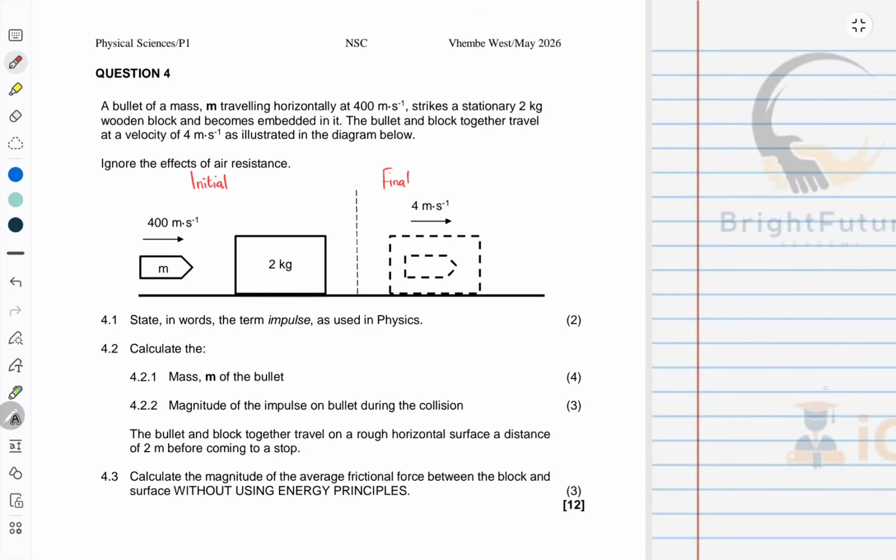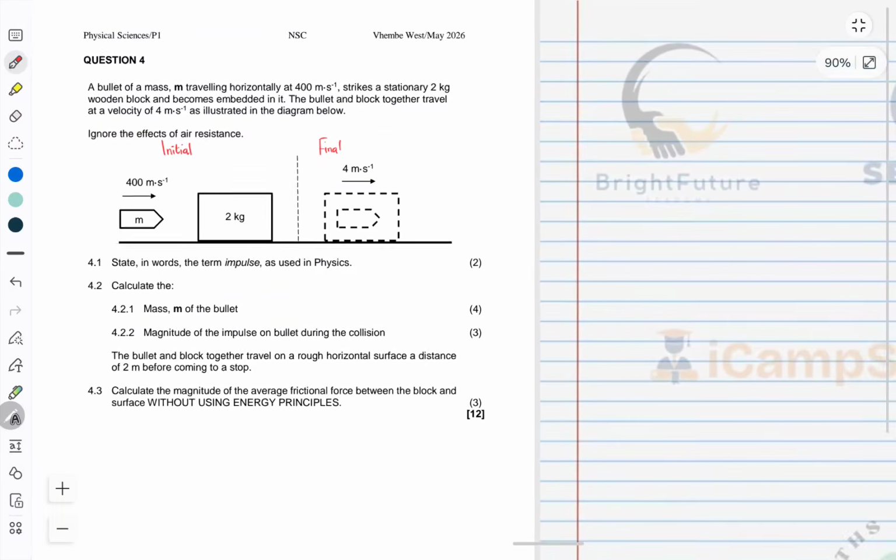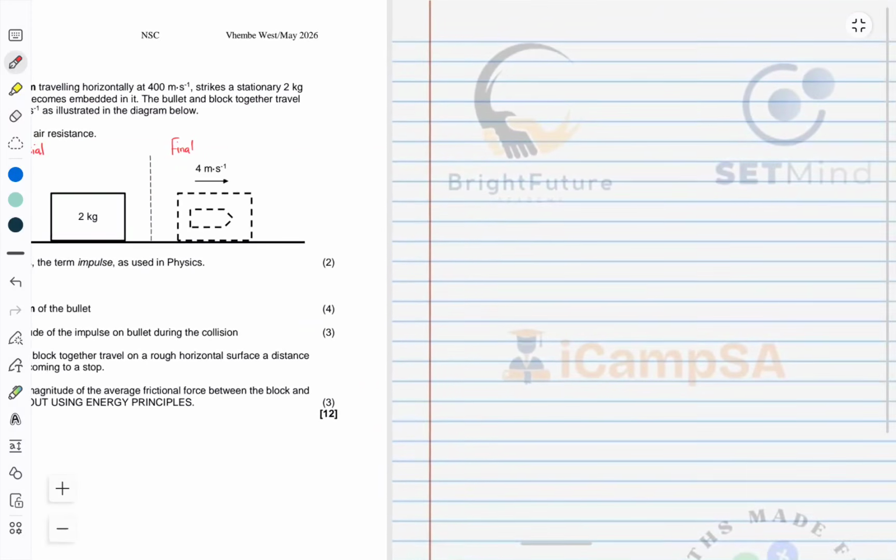So this problem statement is fairly short. And then now we are asked to state in words the term impulse as used in physics. So impulse is usually just the product of the net force acting on an object and the time that force acts on that object, if I can put it like that. So that's your definition.